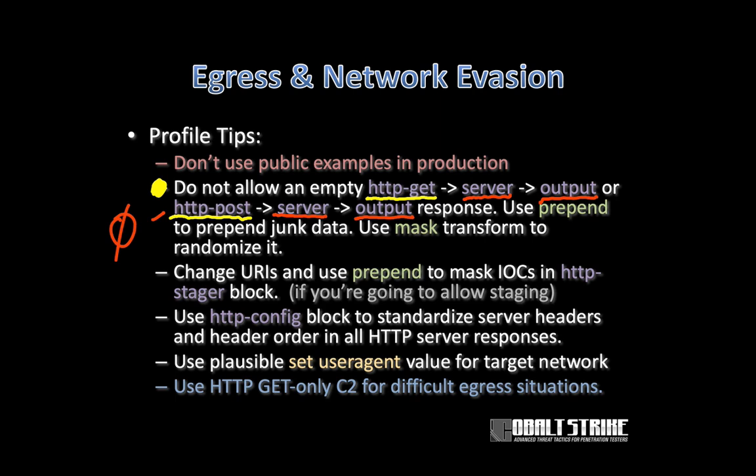Similarly, with the block to check in and download tasks, if there are no taskings, there's no output. And if that block is not doing anything to transform the content, you're going to get back a server response with no content as well. And that can be a problem. So here's our get on some URI.